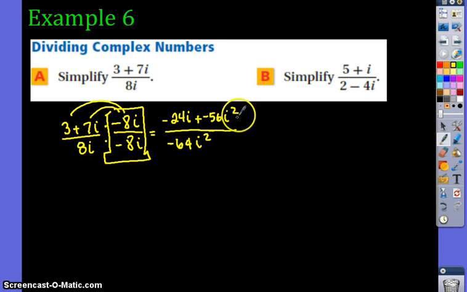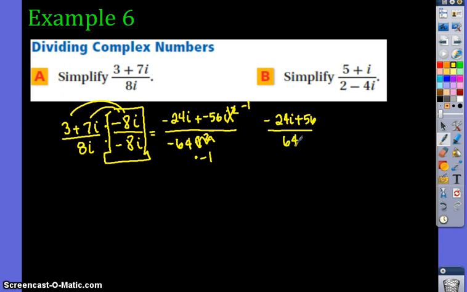We need to remember that i squared is really just a negative 1. And so down here we're also going to be multiplying by negative 1. So we have a negative 24i, and then a negative 56 times a negative 1 would be a positive 56, so plus 56. And then a negative 64 times a negative 1 would be positive 64.